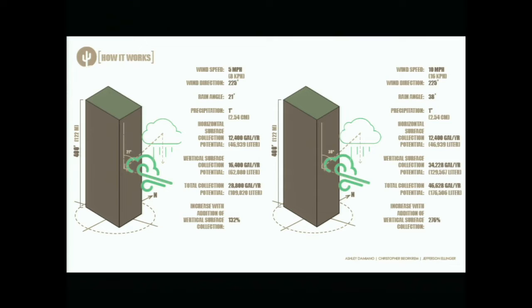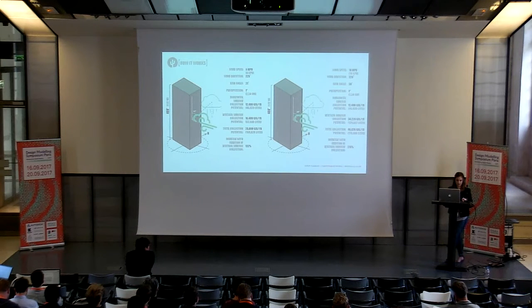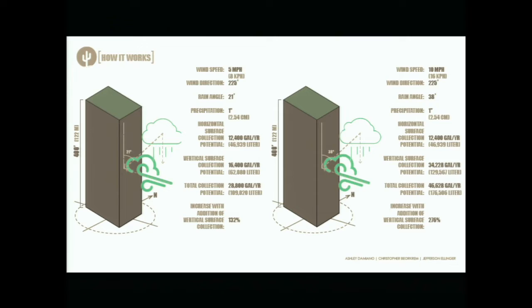and their orientation on a particular site using weather data from that site. So just as an example, on a 100 foot by 200 foot office tower, that's roughly about 30.5 meters by almost 61 meters, and 1 inch of precipitation at 5 miles an hour, if there was a 5 mile an hour wind, adding the vertical surfaces to that calculation increases the collection potential by 132%.